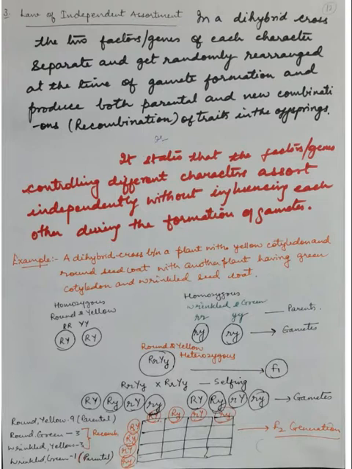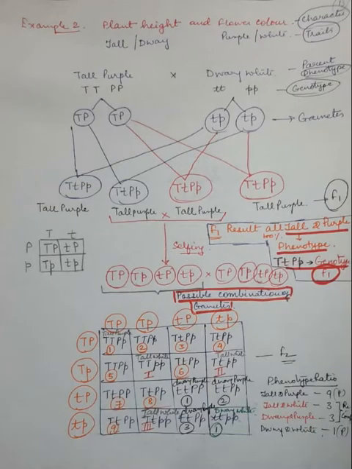Now we move further to the next example, where I have done a little elaborate form here. There was a little space problem. So just see the next example. Now the next example, I have taken plant height and flower color.